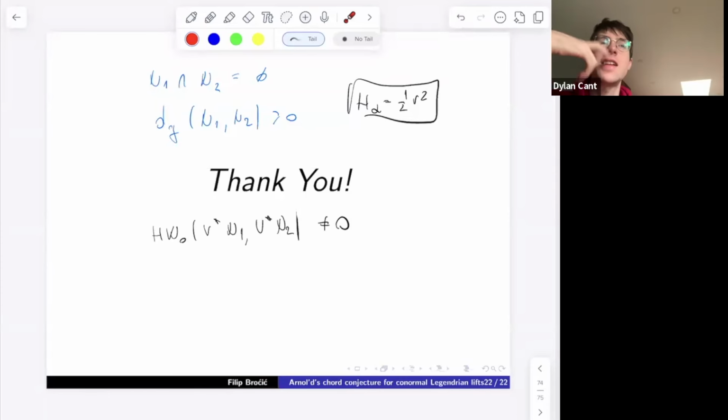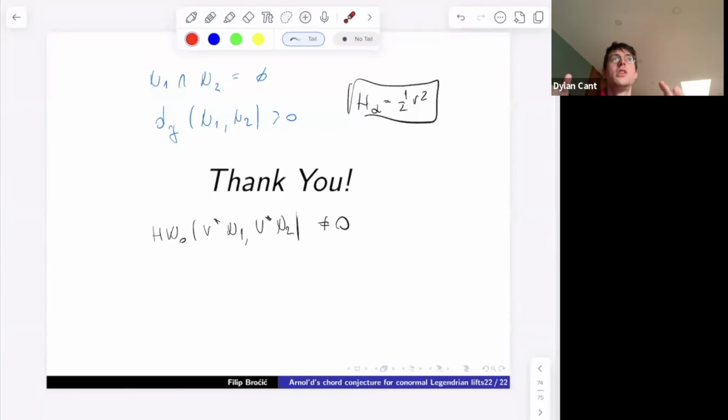Yeah, I did think of this question during the talk. I was looking at this paper of Yaniv recently, of chords between two fibers. You could probably ask that for conormal chords. Right?